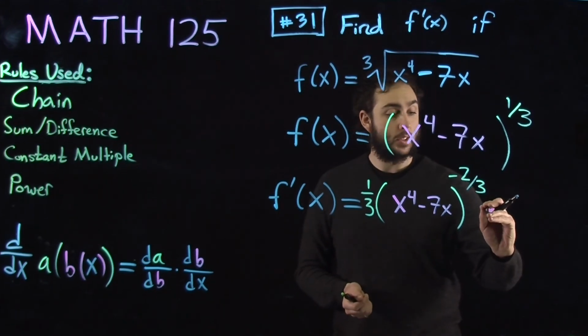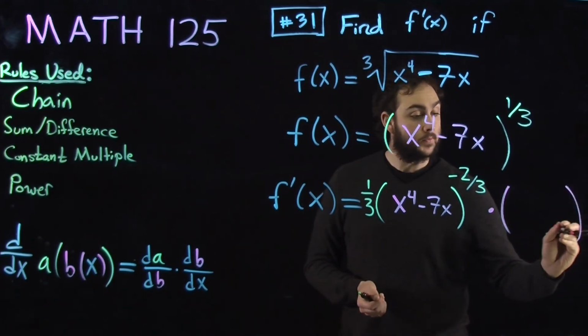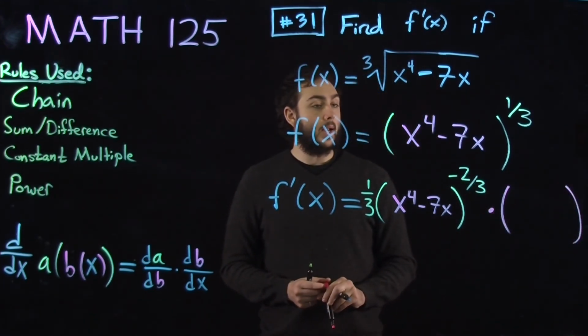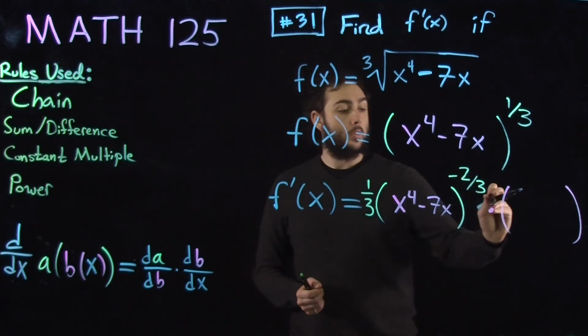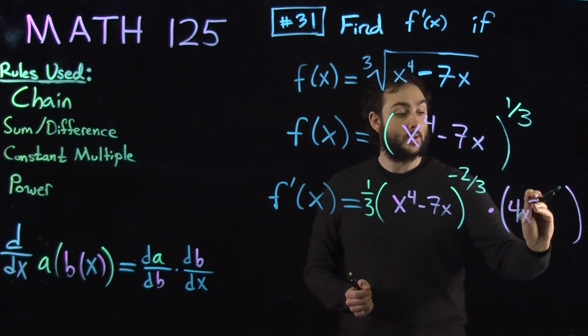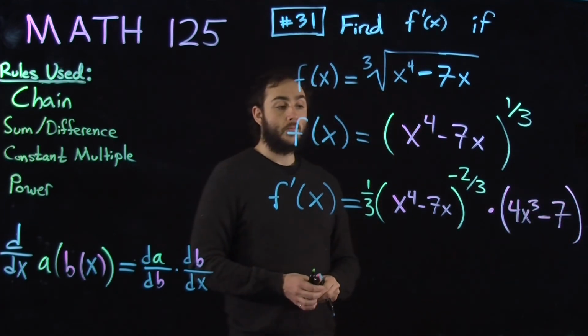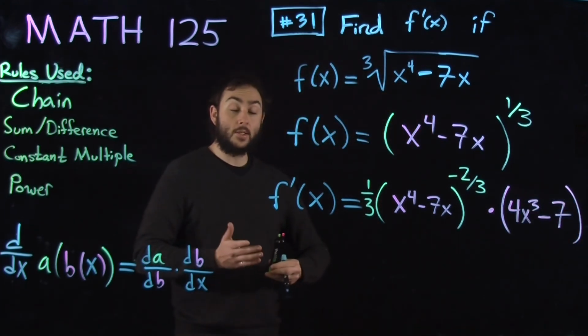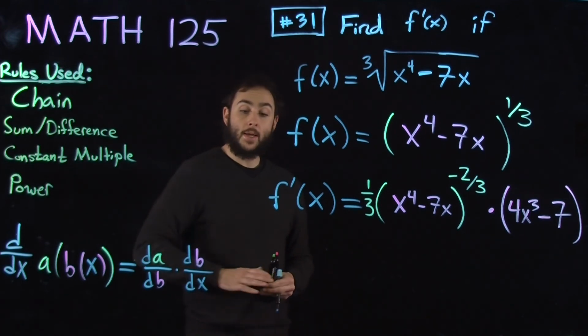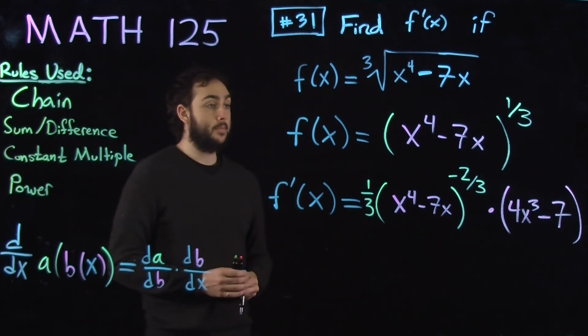So I'm going to put a times sign here. And now we differentiate the inside with respect to x and get 4x cubed minus 7. And this product of two factors is exactly what the chain rule gives us.